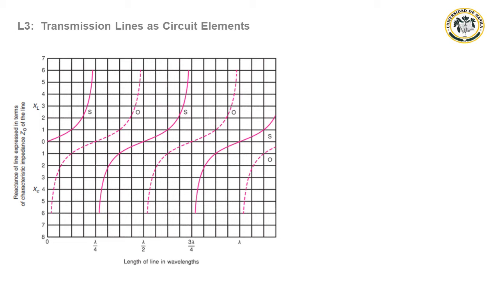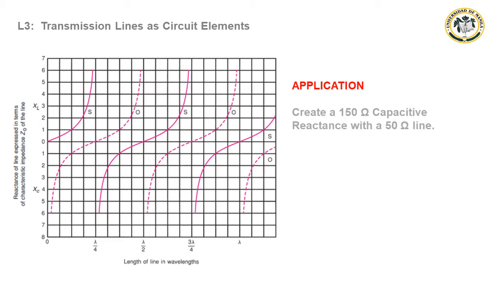So let's apply what we've learned so far. How could a capacitive reactance of 150 ohms be created with the same 50 ohm line? First, locate the 150 ohm point on the capacitive reactance scale.